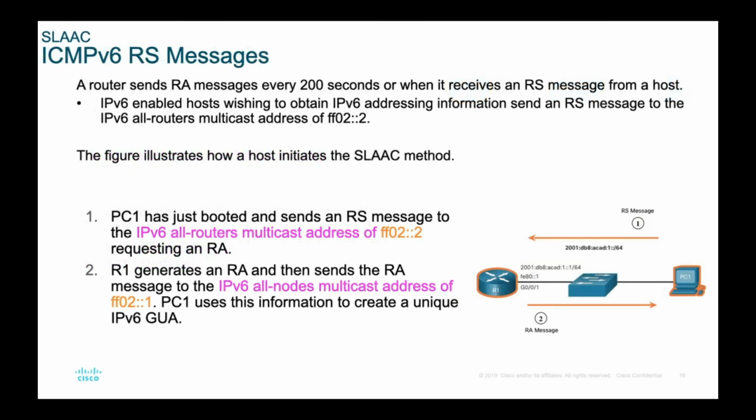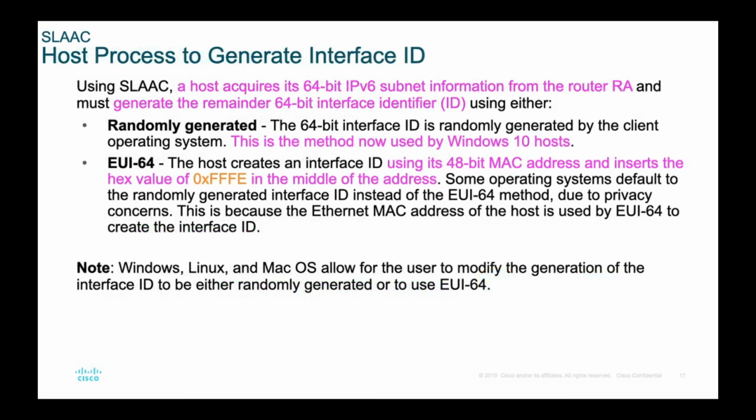Okay, the router solicitation message is just like a PC request, and then the router will reply with an RA, I mean the same RA from the previous slide. So how does the PC, client or node generate their interface ID or host ID?